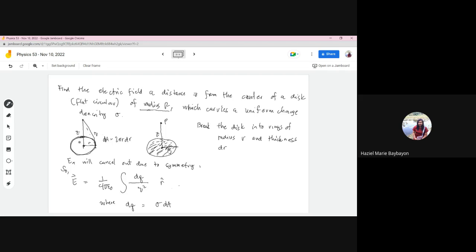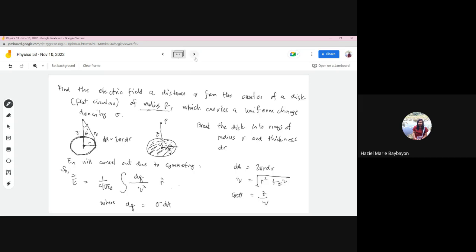So this is equal to the square root of r squared plus z squared. So dA equals 2 pi r dr, and the separation vector magnitude is square root of r squared plus z squared. And we need cosine theta, which is equal to z over the magnitude of the separation vector.